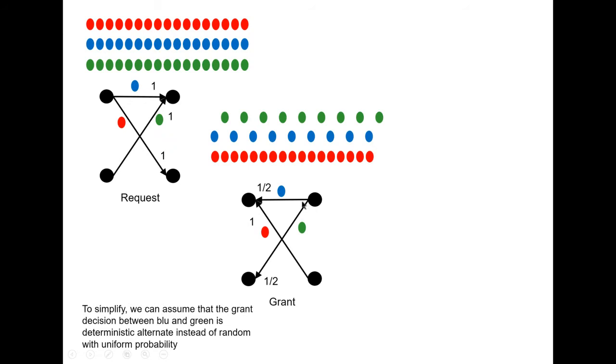Now we have the grant phase, and in the grant phase, the red request will always be granted because it arrives at the output node below, which receives only one request. Instead, the output node above has to decide between two different requests, the blue and the green. And we can assume that it alternates between the blue and the green. So the result is this one that you see, the result of the grant phase.